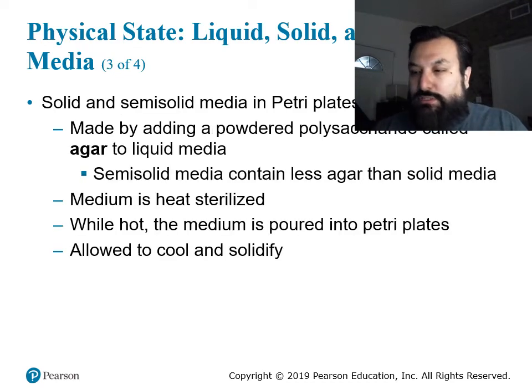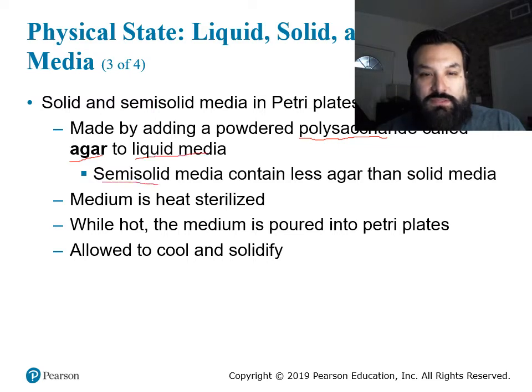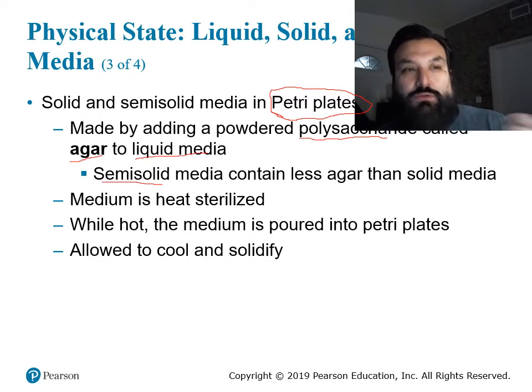Okay, just really quick, to revisit this, we've seen this in the lab before also. So we know about agar. It's a polysaccharide, and we add liquid media to it, and that makes the media semi-solid. It gives us a nice surface for growth, for example in a petri dish. Again, we go back to the lab exercise where you took samples of your body and samples of the environment, plates.